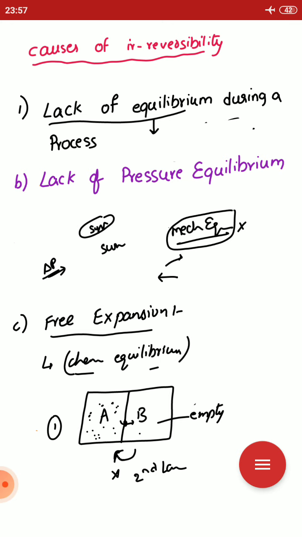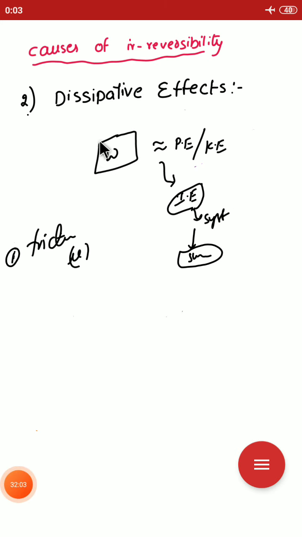Next, the second reason for the cause of irreversibility is the dissipative effects. We will see the second main reason. Whatever amount of work is done is not converted completely because of the dissipative effects.